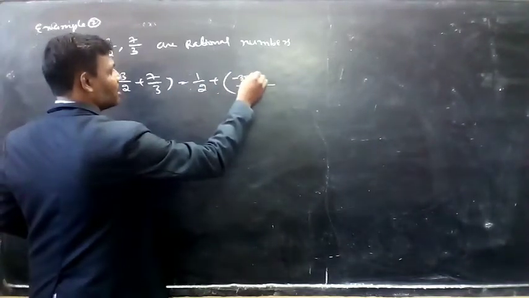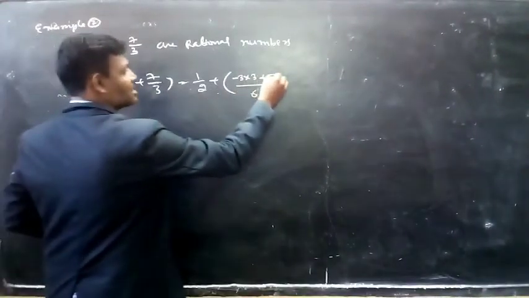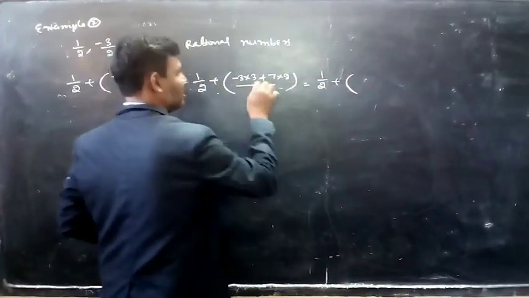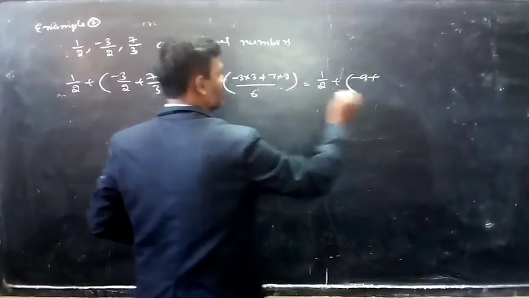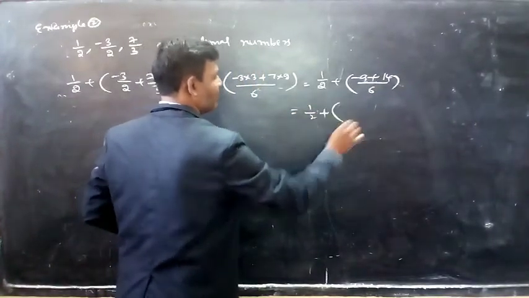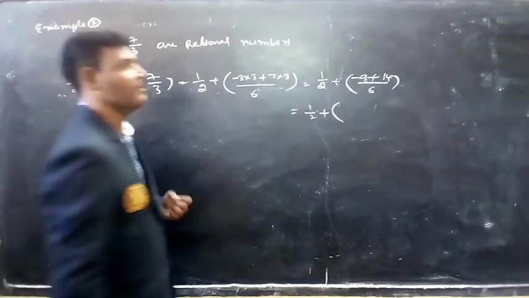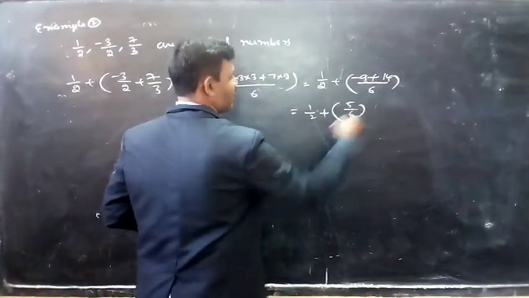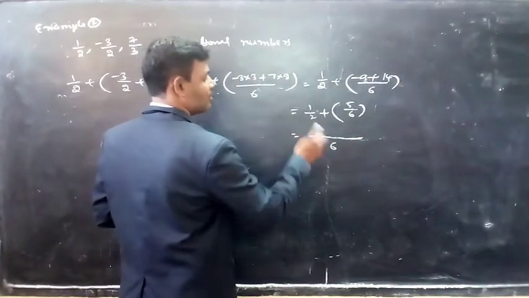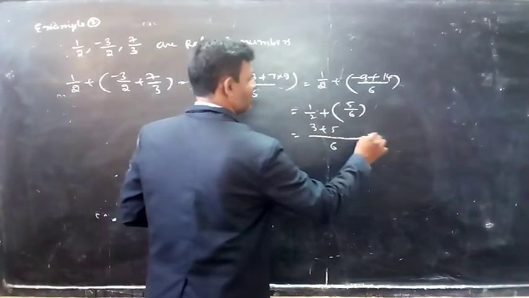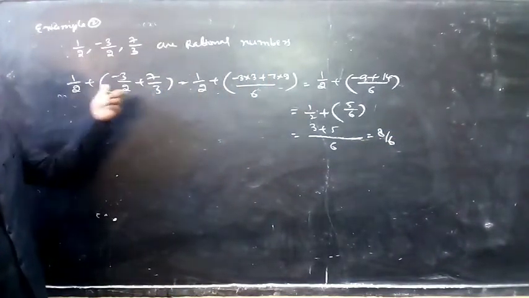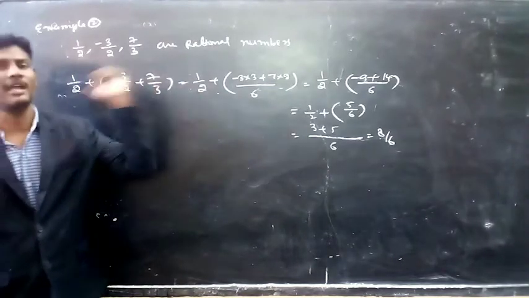So minus 3 into 3 plus 7 into 2 is equal to 1/2 plus (-9 + 14)/6, which is 1/2 plus 5/6. Once again, the LCM is 6. 3 plus 5 is equal to 8/6. So the result of (1/2 + (-3/2)) + 7/3 is 8/6.